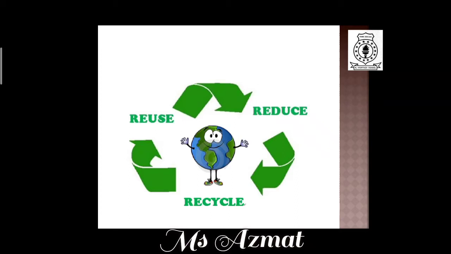This is particularly important for natural resources which are limited. We can save resources by reusing products such as paper, plastic, and glass bottles. Finally, we should recycle materials by converting them into other articles. For example, aluminium drink cans can be recycled as other items.